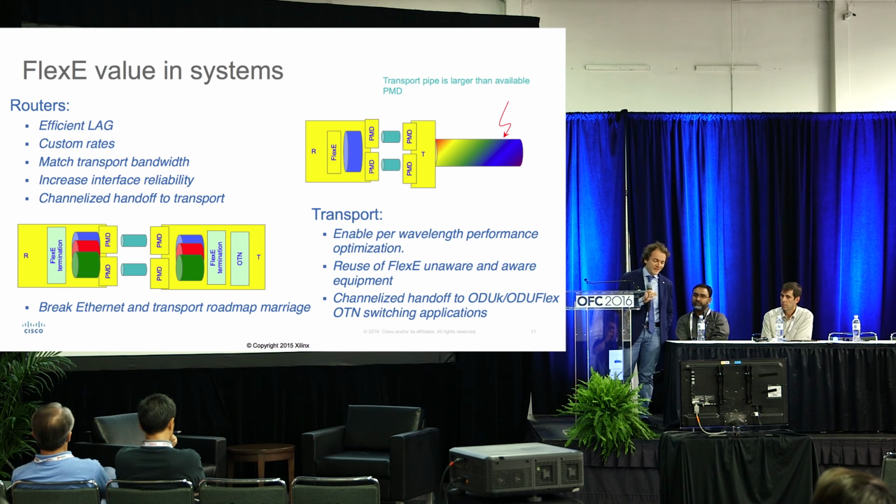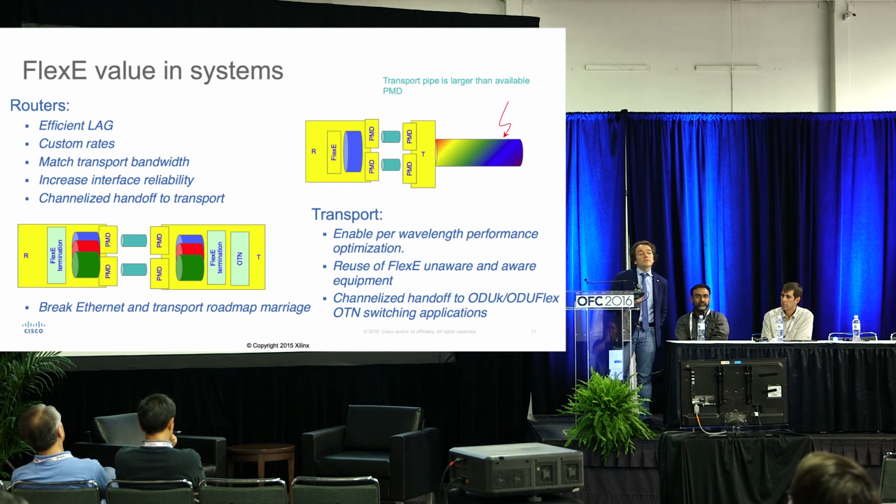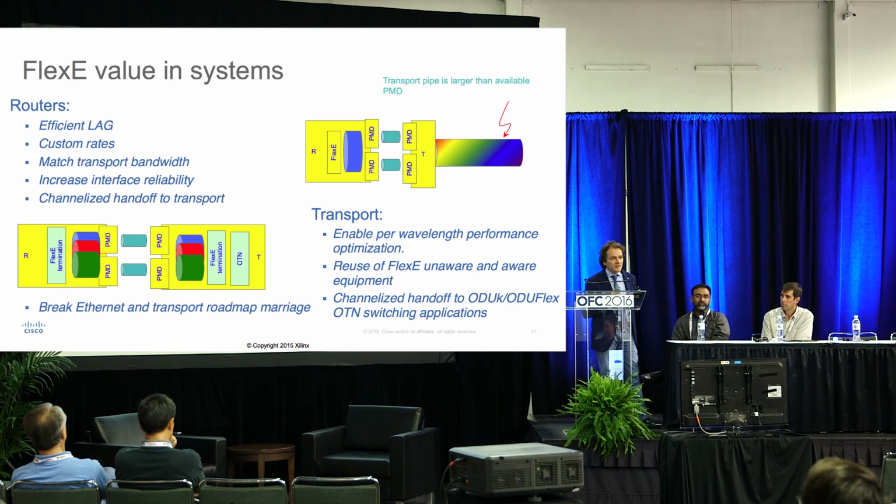Let me explain better. I have a 1 terabit interface in the router that has to interface to FlexE devices that are only 500 gigabit capable at maximum. And let's imagine these are FlexE aware transponders with variable rate.